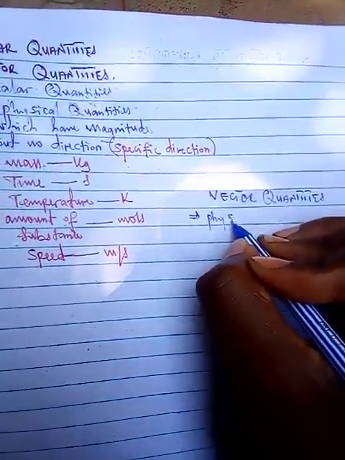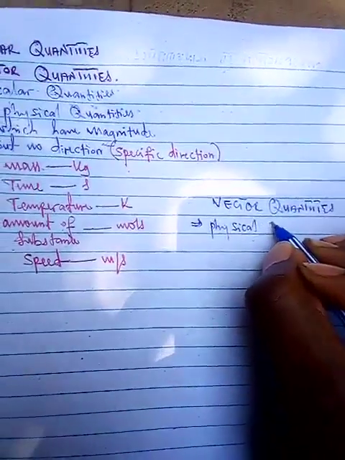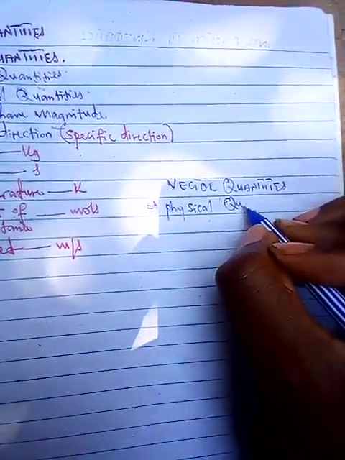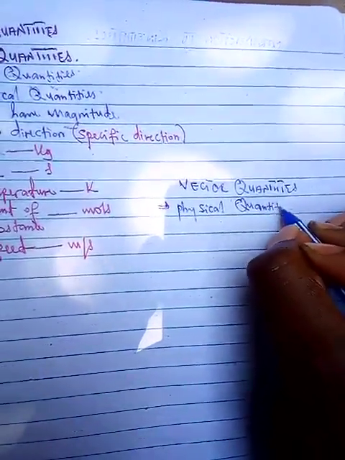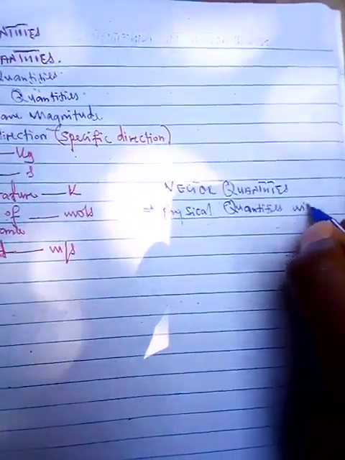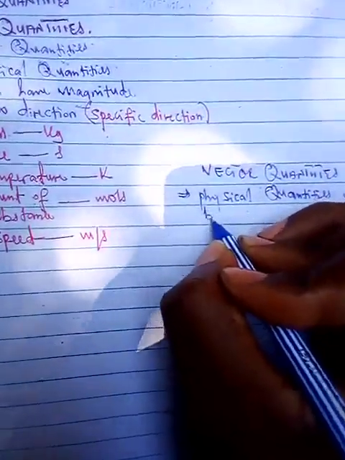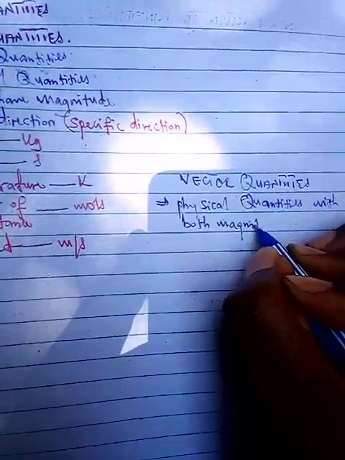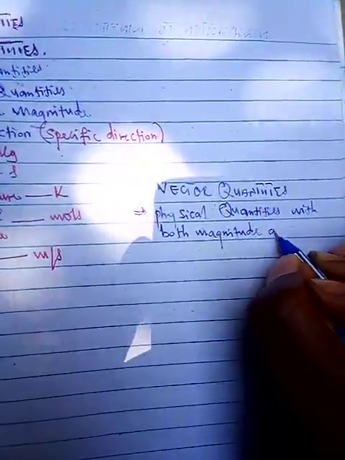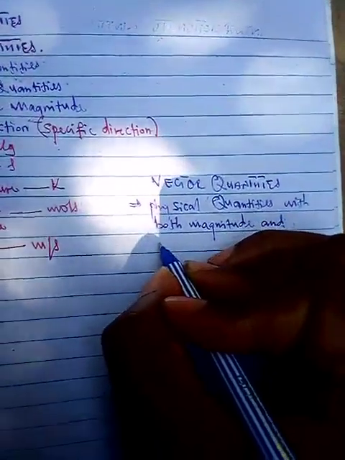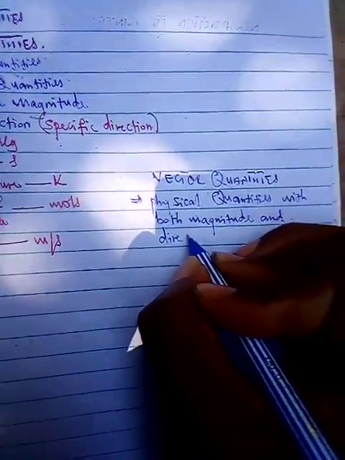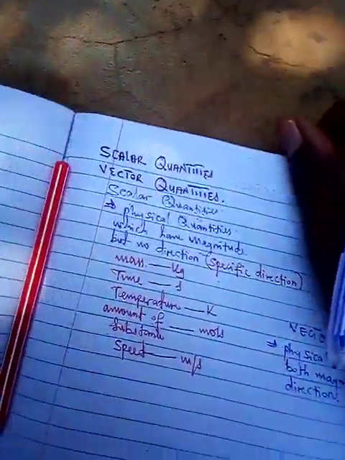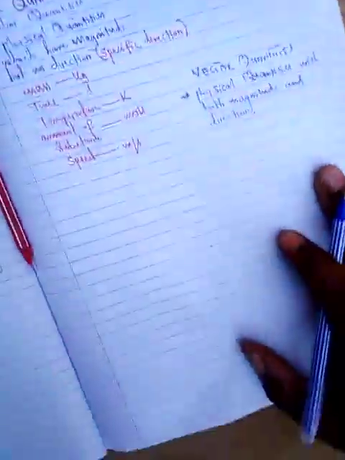These are just physical quantities with both magnitude and direction. They have them both. Very important for us to understand this. So these ones have both magnitude and direction.